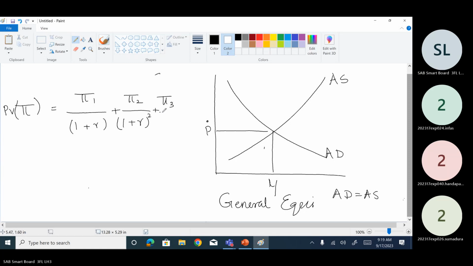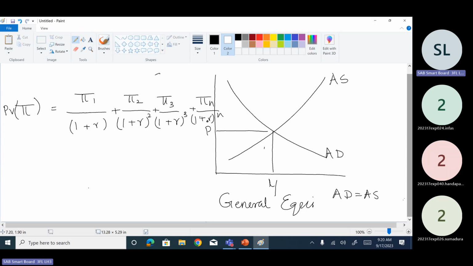And again we take π divided by (1 plus r) to the power n. Like that, we take the present value of future expected profit, assuming we generate profits for n number of years.